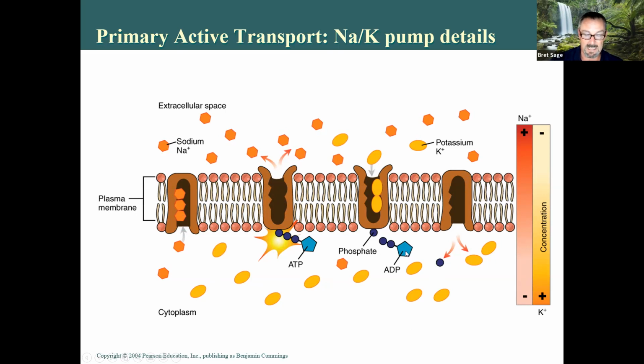When the ADP leaves, leaving the phosphate there, conformational change happens again. Now it's open to the inside again, and the potassium is pushed in. Notice that now there's lots of potassium in here, and the phosphate comes out. This ADP and phosphate eventually is going to make its way back to the mitochondria to be made into ATP again. So this is the cycle.